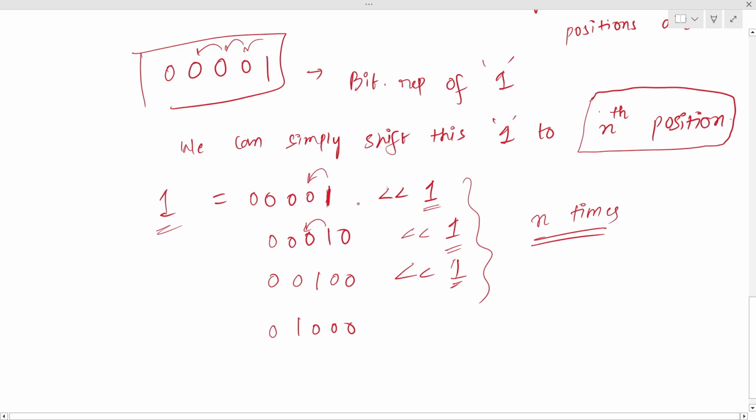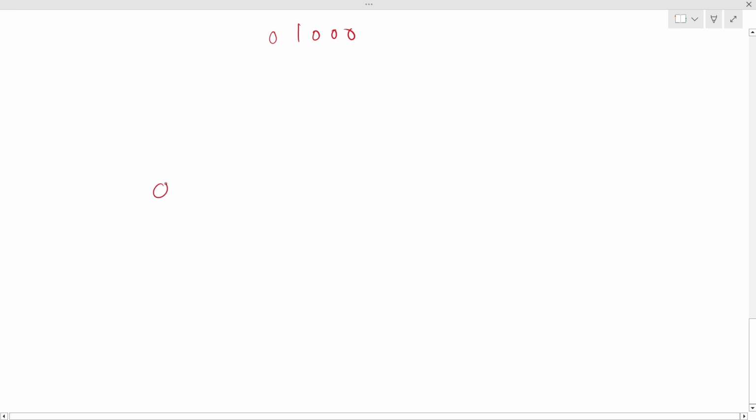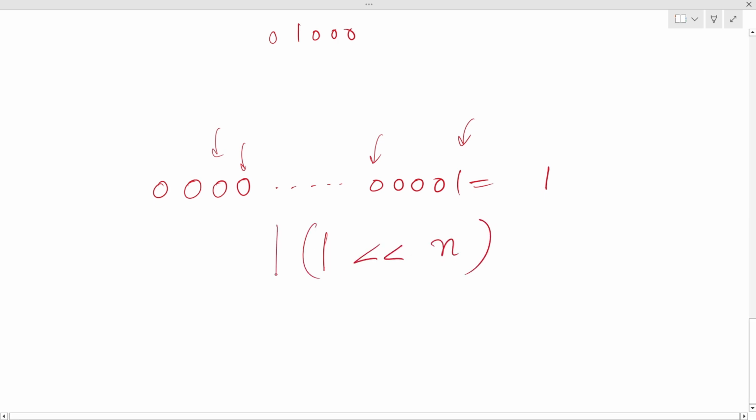Initially my 1 was at the extreme right position, 0 0 0 0 1, if I take a 32-bit representation. And if I want to place it at some particular position, I will do 1 left shift n and that's it.